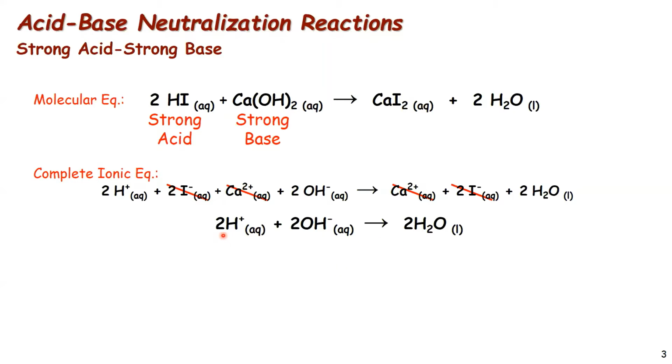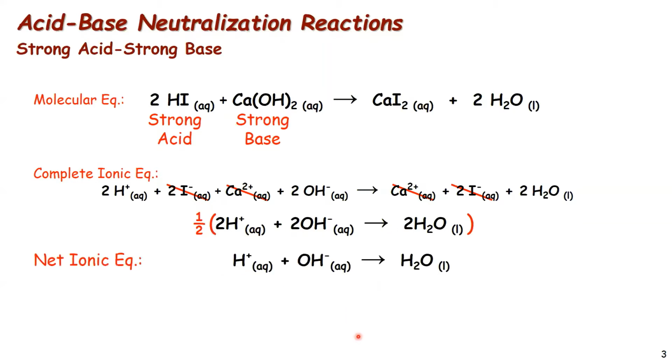But just like any chemical reaction, we want it to be the simplest whole number ratio of our coefficients. In this case, all of our coefficients are 2, so we could actually divide through by 2. And that's going to give us our net ionic equation. We have the hydrogen ion reacting with the hydroxide ion to form water, H2O.